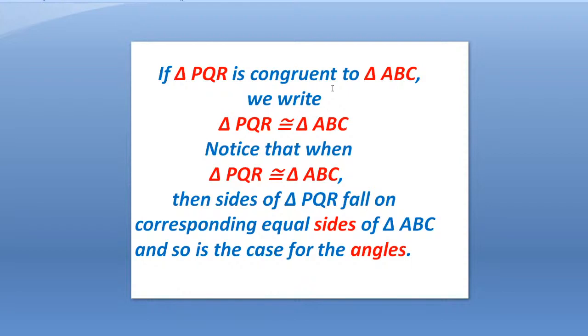So, if triangle PQR is congruent to triangle ABC, we write triangle PQR congruent to triangle ABC. This is the symbol to write. Notice that when triangle PQR is congruent to triangle ABC, then sides of triangle PQR fall on corresponding equal sides of triangle ABC, and so is the case for the angles also.